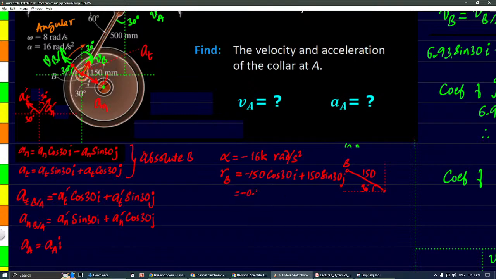We get minus 0.15 cos 30 i, and sin 30 is 0.5, so 75 by 1000, 0.075. This is RB.